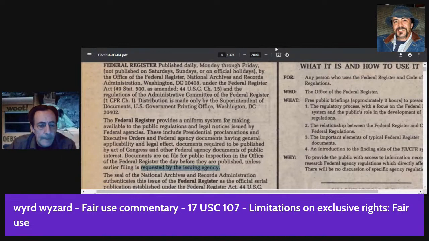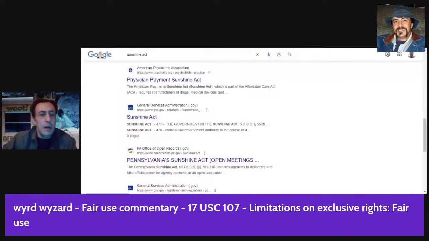The next one, we're going to start talking about the Sunshine Act when it comes to freedom of information. Because the Freedom of Information Act, as it relates to the Sunshine Act, is the Physician Payment Sunshine Act. See, the Sunshine Act is what auditors and other First Amendment auditors use on those Freedom of Information Act requests.